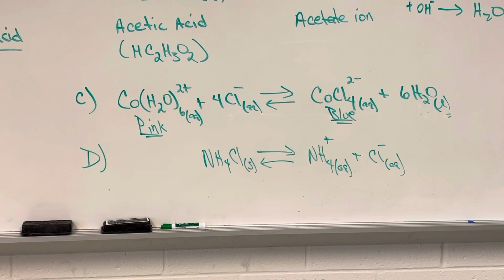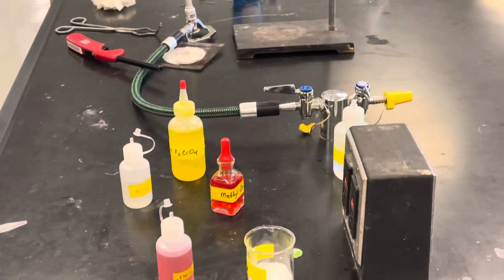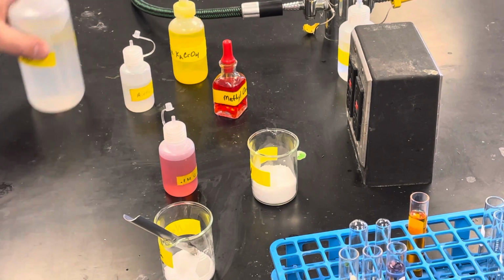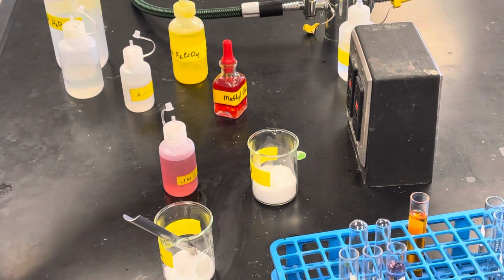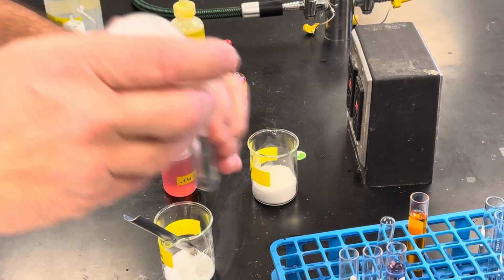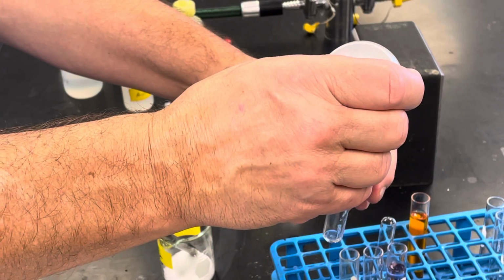Now, let's look at the last one. We're going to take some saturated ammonium chloride. Again, we're going to just do our 3 milliliters of it.